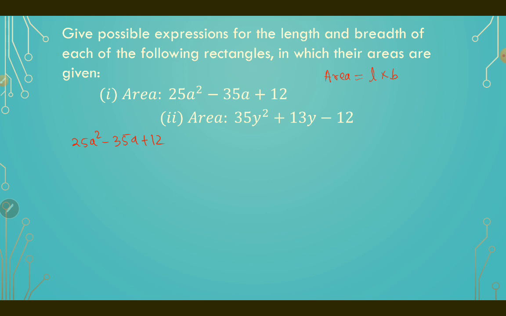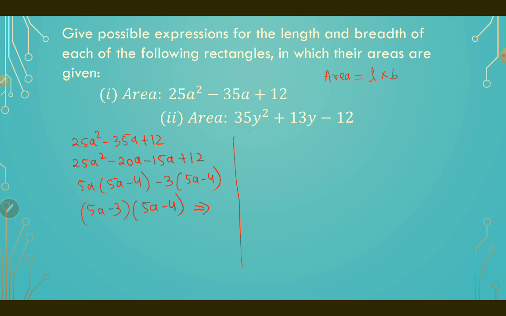So when I split the middle term, it's 25a² − 20a − 15a + 12. So that is nothing but 5a. When I take common, I get 5a − 4 inside, −3 into 5a − 4. So (5a − 3)(5a − 4). So these are the possible lengths and breadths.